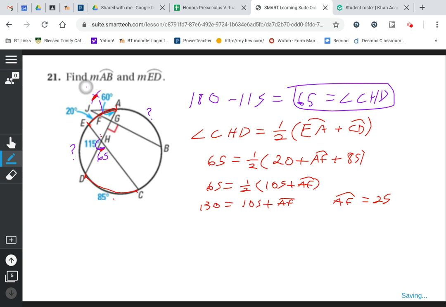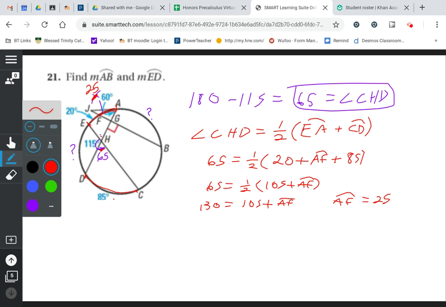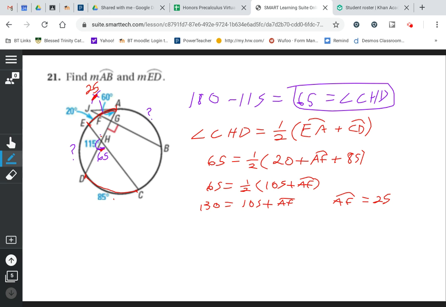So now this up here is 25 degrees. So now this is going to help us here. So now we know that EA is 25. That right there can help us find some other things here. We know that angle J up here in the top left, that's an outside angle, right?